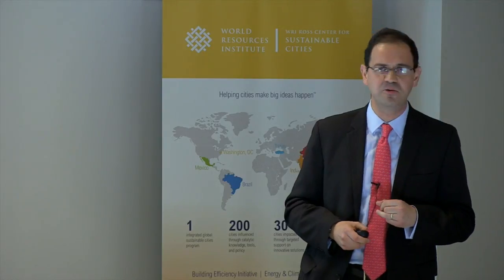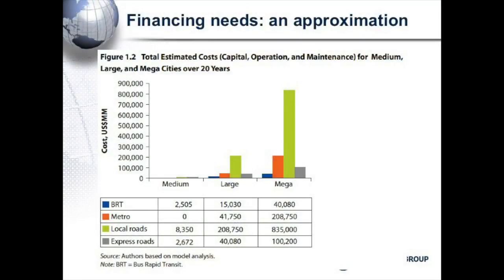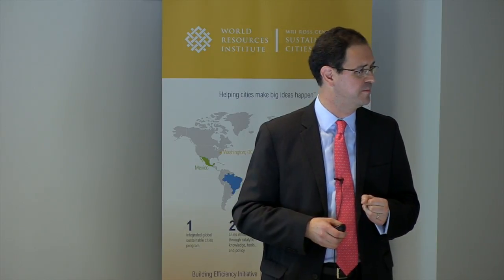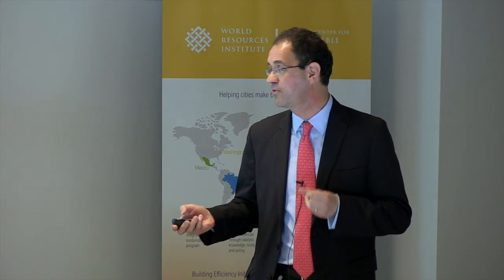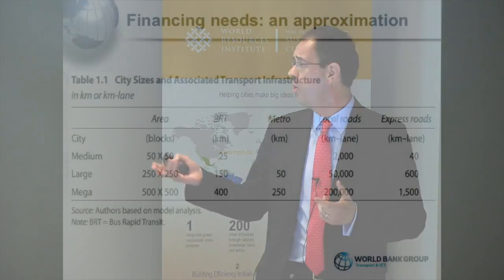The second thing I want to highlight is the green bar, which is local roads. This was a surprise when we developed the model, and then we validated the model. I will show that in the next slide, that local roads are so expensive. But it's because there are thousands of kilometers lane, let me go back, of local roads.